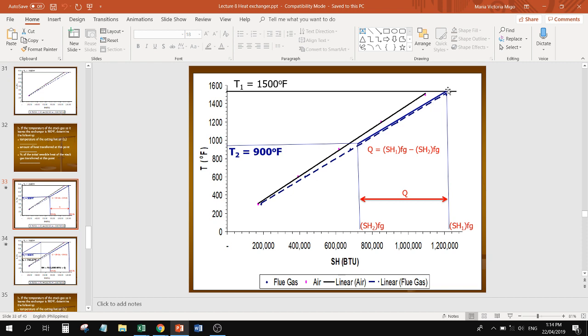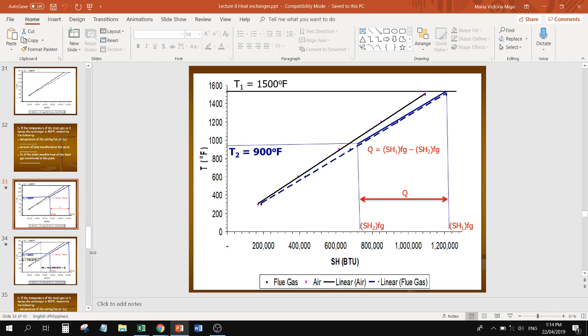And from the intersection of both of the lines, you read off the Q value, and you do the same for the intersection of the horizontal line with the hot flue gas line. Remember, this is our hot flue gas line. You also read the Q value there.